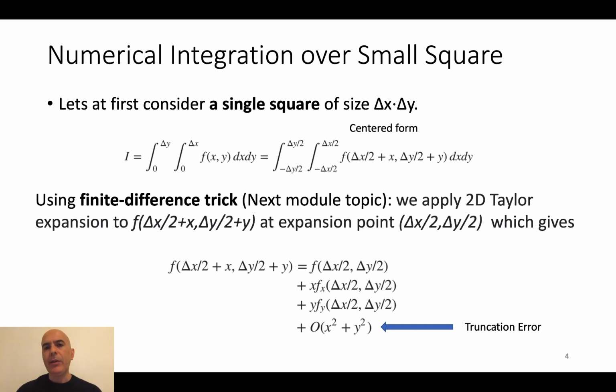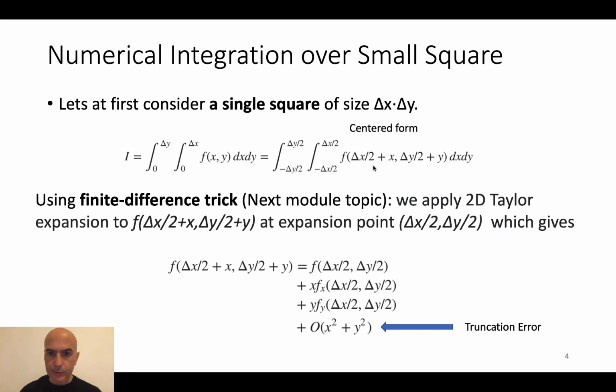We can apply a two-dimensional Taylor expansion to calculate this point here. We calculated the Taylor expansion at the expansion point dx over 2, dy over 2, which gave the following expression here at the bottom.